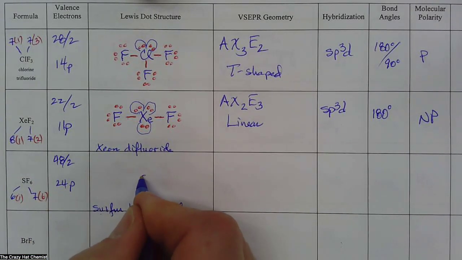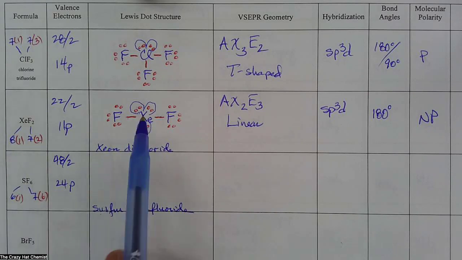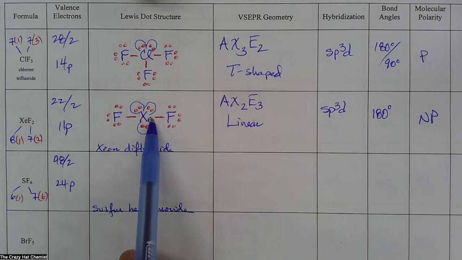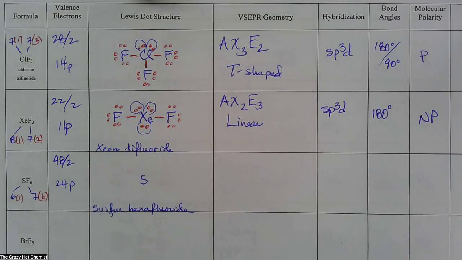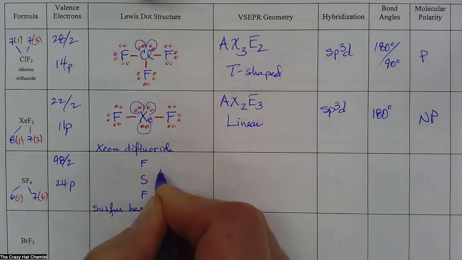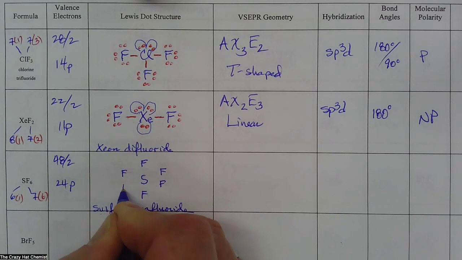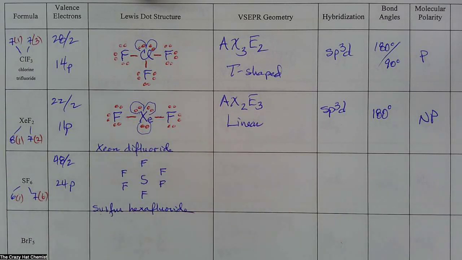The least electronegative element goes in the middle. That's the sulfur. Then that sulfur, is it period 3 or greater? Because we are going to exceed that octet rule just like we did with that xenon, because xenon is actually in period 5. Can it exceed the octet rule? Oh, heck yeah. So we're going to place 6 fluorines around this, equally spaced around that sulfur because it can exceed the octet rule.